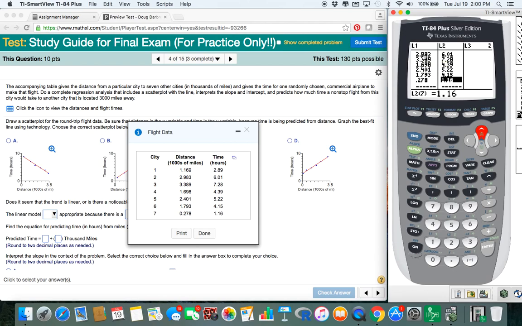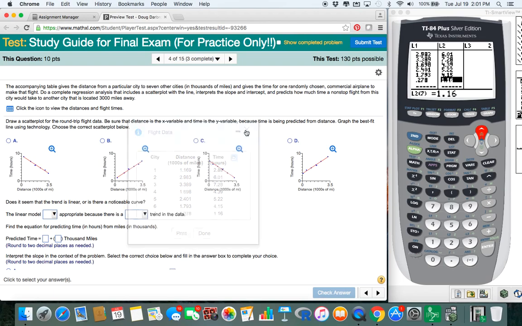In this case, the subject is a randomly chosen airplane. Actually these are cities, so it's got the distance from a particular city to another city, and then it's got the time it took in hours for the plane to make that trip.